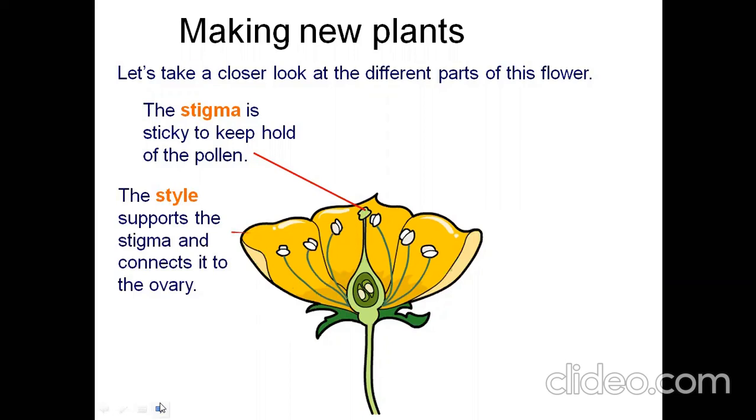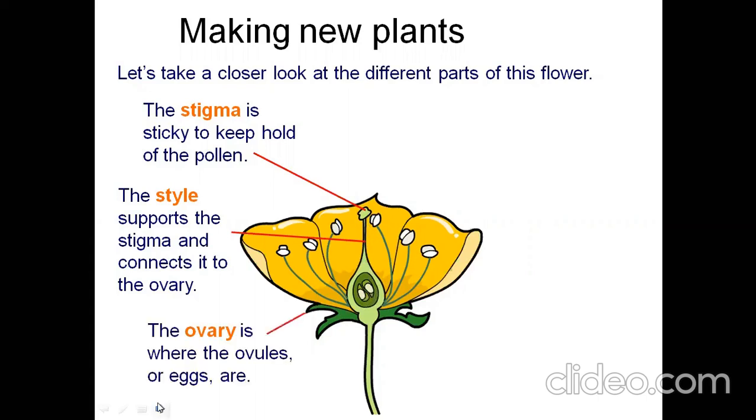The style supports the stigma and connects to the ovary. When pollen grain falls and adheres, the nuclei of that pollen grain will reach through the style to the ovule, right?